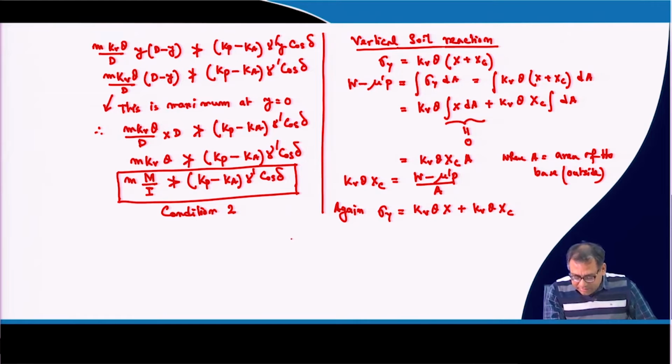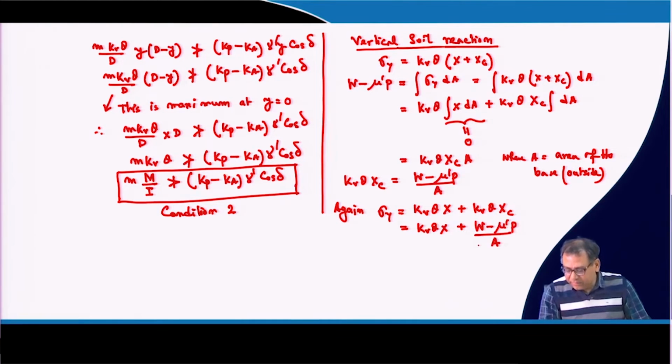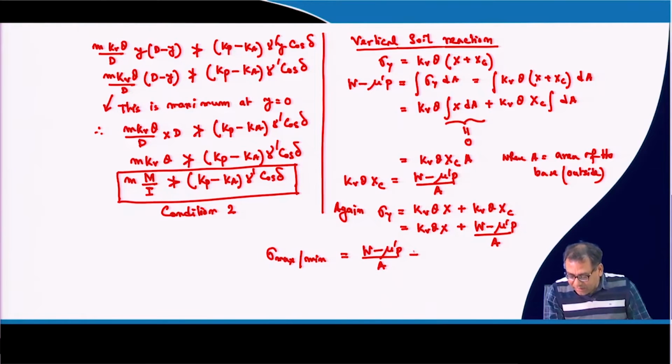I can replace Kv theta xc with W minus mu dash p by A. So, I can write sigma max or min will be equal to W minus mu dash p by A, then plus minus.